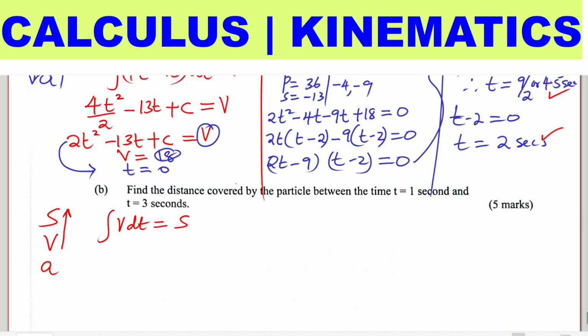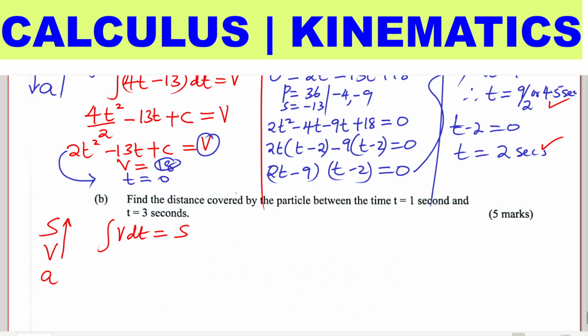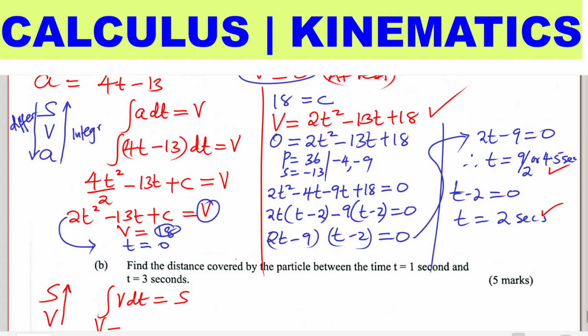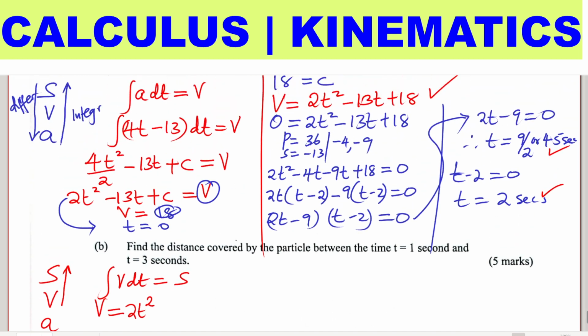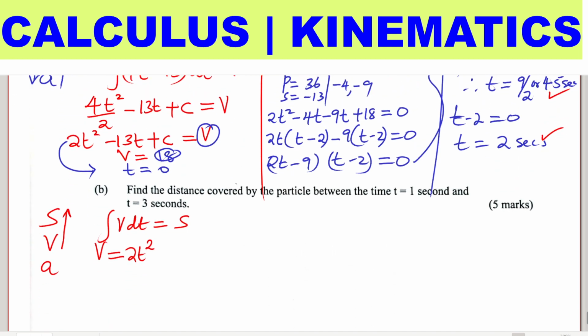Now before we proceed, since we shall have to look at the expression for velocity, we just got it here. Velocity was 2t squared minus 13t plus 18.